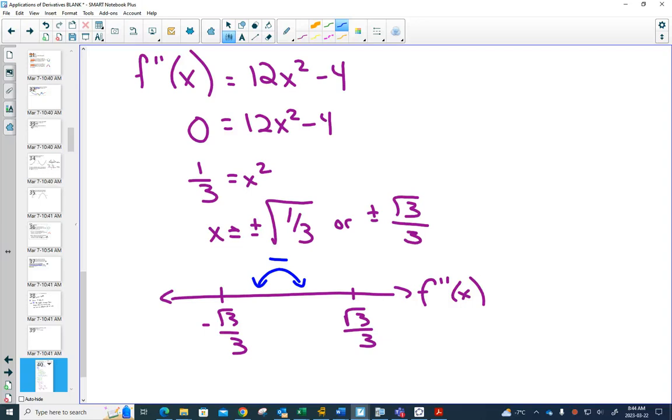Plugging in something less than negative √3/3, you can still make your mental math fairly easy. Choose -100. And you're like, well, that's a big number. How does that make my mental math easy? Well, if I plug in -100 for x, and x is squared, it's going to be a large number. Then it gets multiplied by 12.